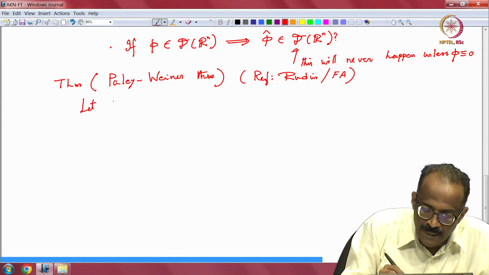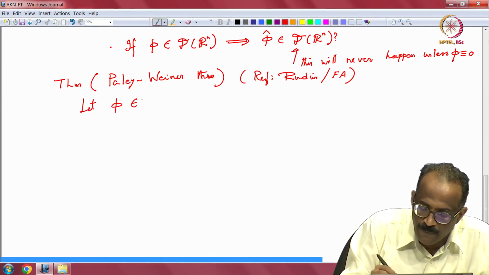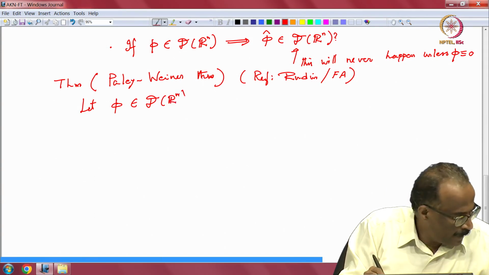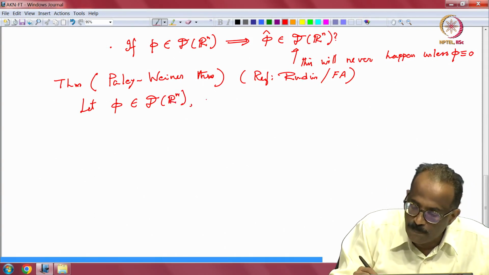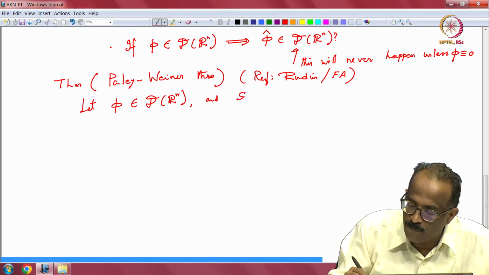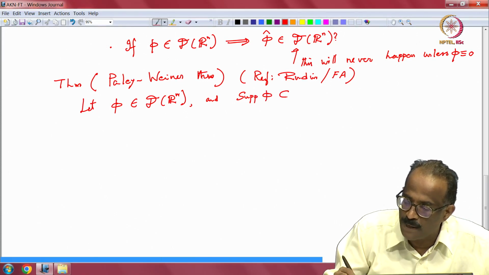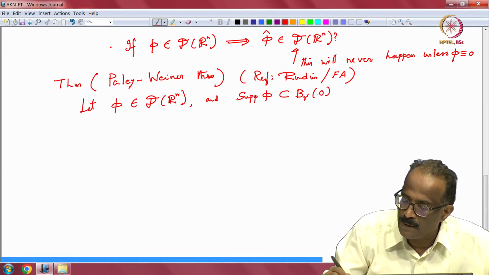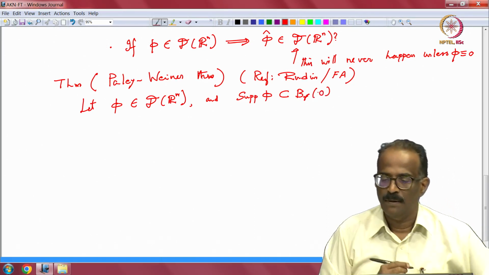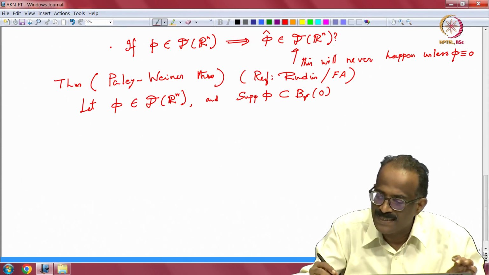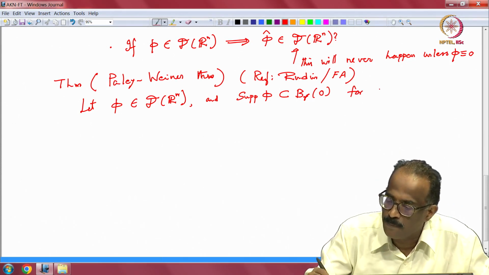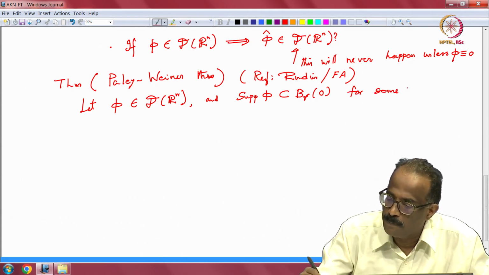Let φ be in D of R^n, and let the support of φ be compact. Since the support is compact, you can put it in some ball of radius r, for some r positive.